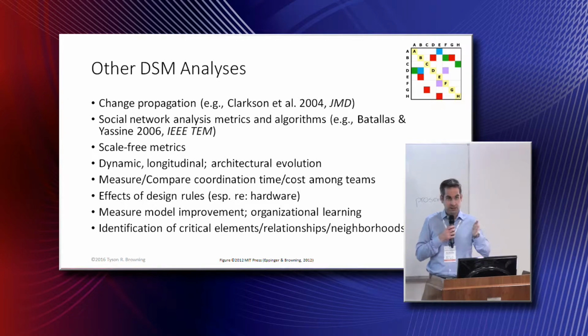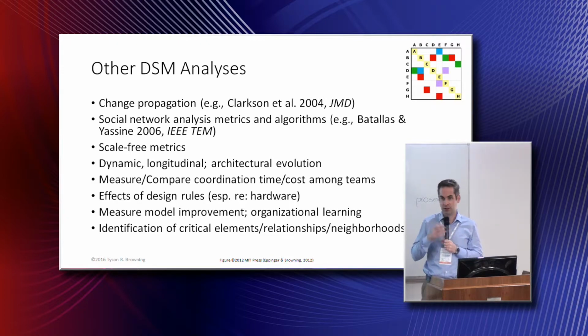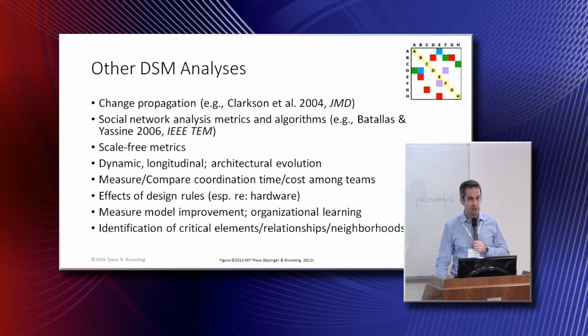So product DSMs and organization DSMs are often snapshots, static pictures in time of how the product looked or how the organization looked at that time. How might those evolve over time? I think there's a lot of opportunities to look at product evolution, organization evolution with multiple DSMs at different points in time.